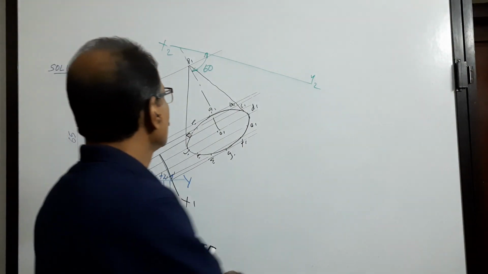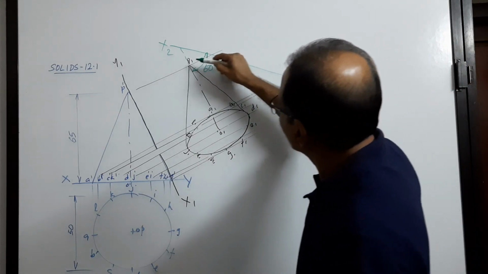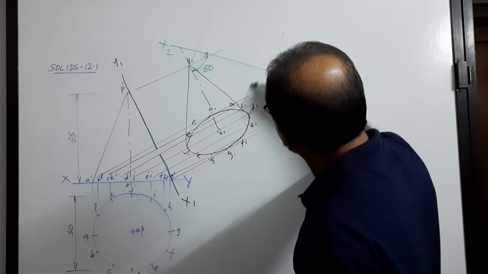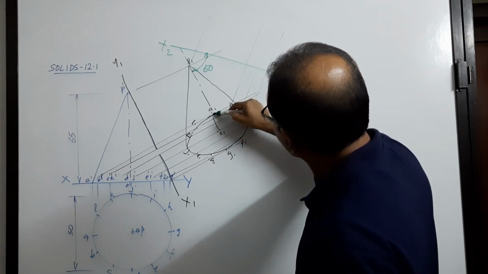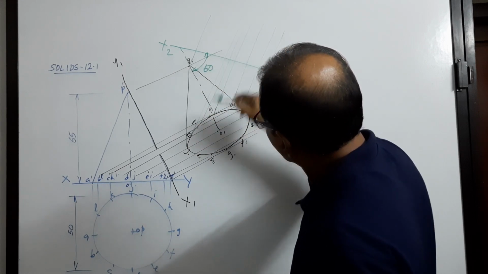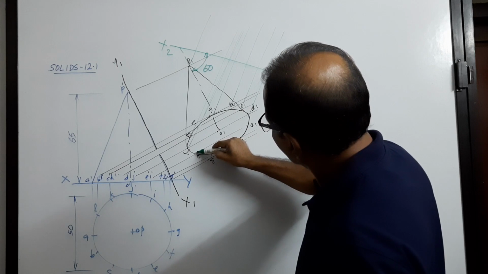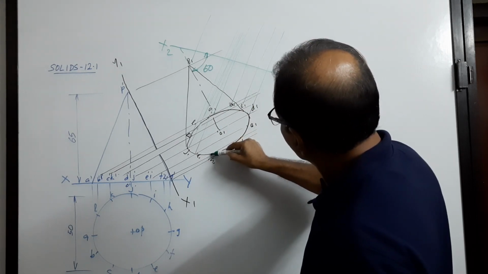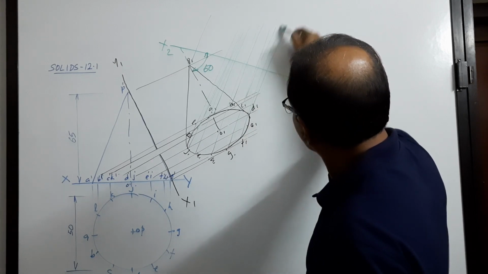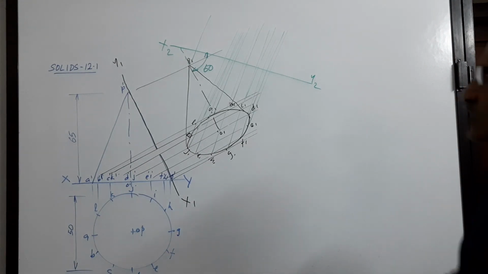Now draw projectors through all points in the auxiliary plan perpendicular to x2 y2. Which distance to be taken?